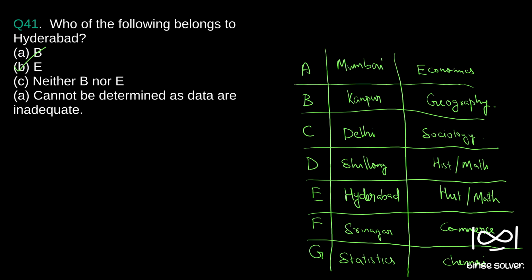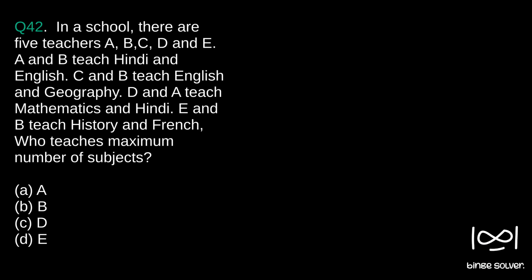Next question, question 42. In a school, there are 5 teachers, A, B, C, D, and E. A and B teach Hindi and English. I will just mark A, B teach Hindi and English. C and B teach English and geography.